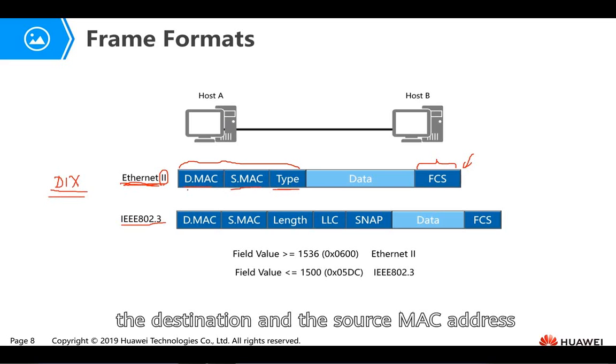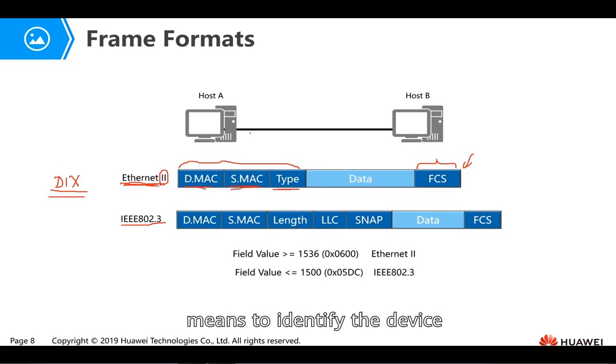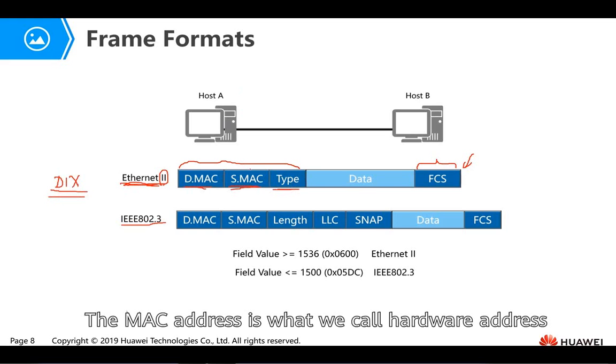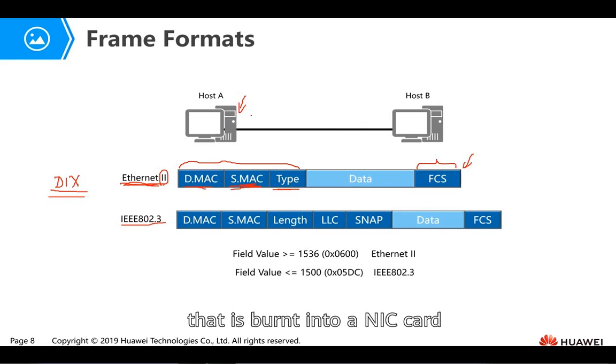The destination and source MAC addresses identify the device. The MAC address is the hardware address, which is bound into the NIC, the network interface card. Each network interface card has a MAC address.